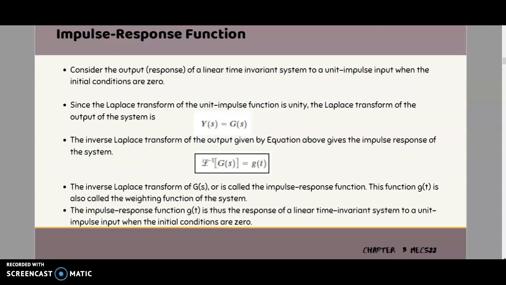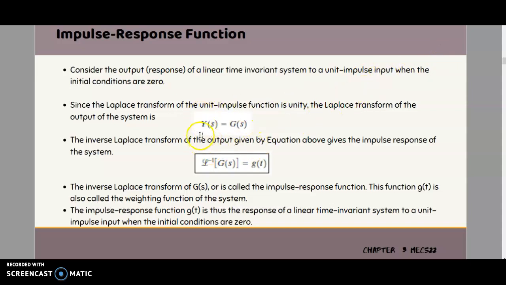Next we go to the impulse response function. Consider the output of a linear time invariant system to a unit impulse input when the initial conditions are 0. Now the input is a unit impulse, which is unity, so x equals 1.